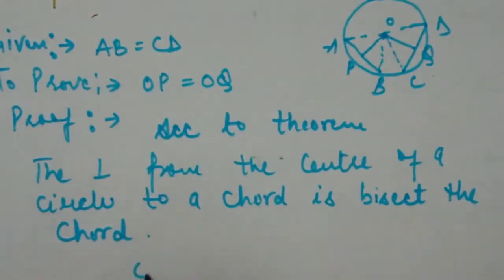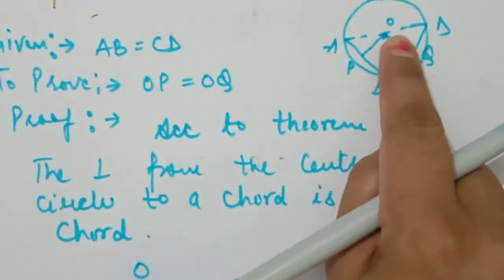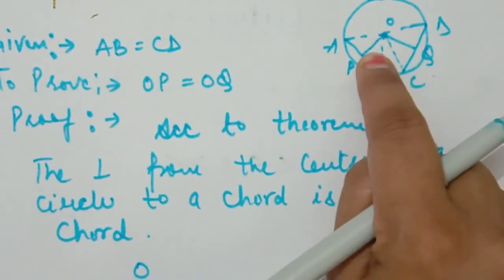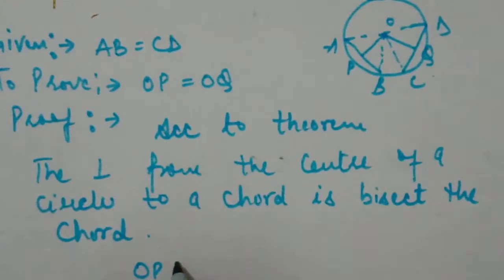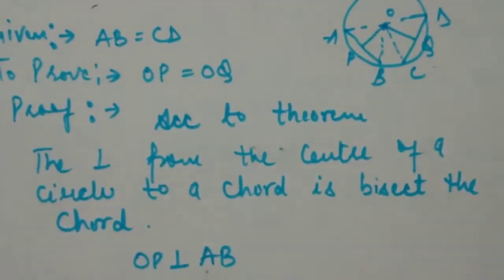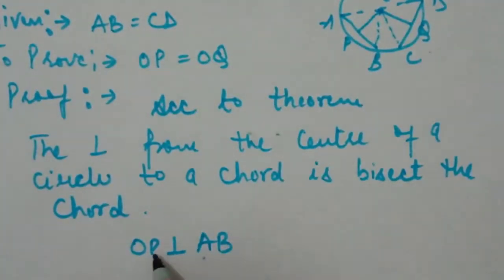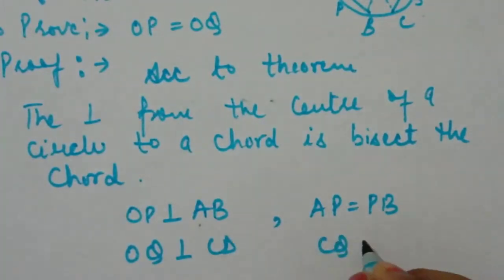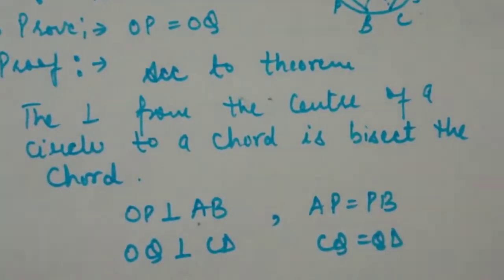So we know very well that the distance is perpendicular on the chord. OP is perpendicular on AB. So we know that OP bisects AB. It means AP is equal to PB. And OQ is also perpendicular on CD. So CQ is equal to QD.